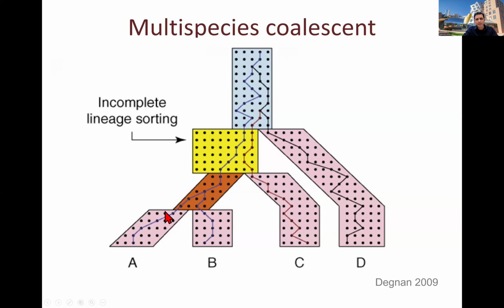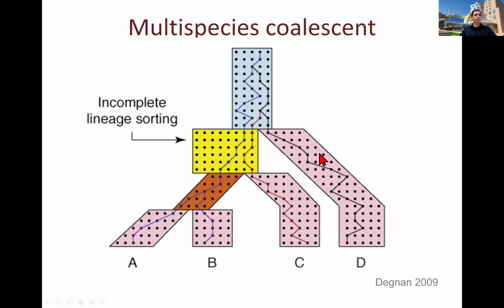What does that mean? That means that the topology of this tree is incongruent with the topology of the species that it came from. In other words, if I look at A and B, they coalesce after C and D coalesce. Do you see that? So on the gene tree, C and D meet up first, and then they meet up with A and B. But in the species tree, A and B meet up with C first, and only then they meet up with D. Do you see that?